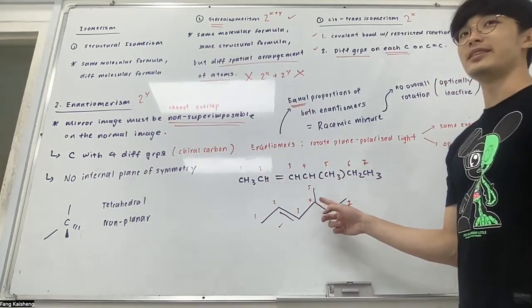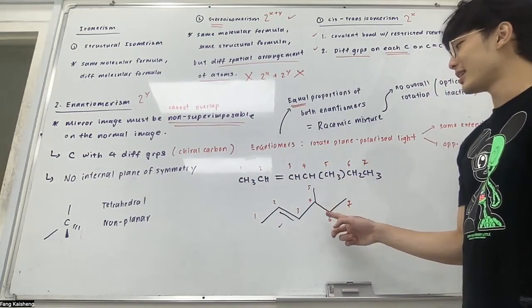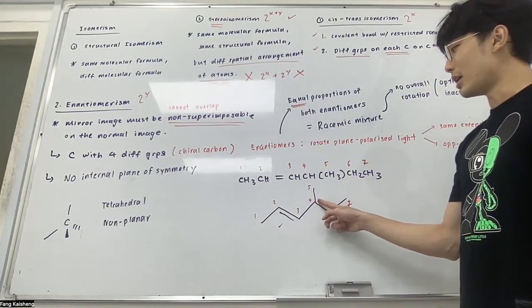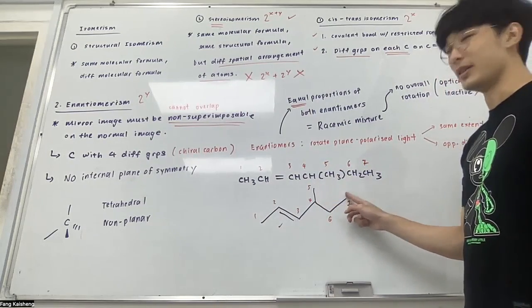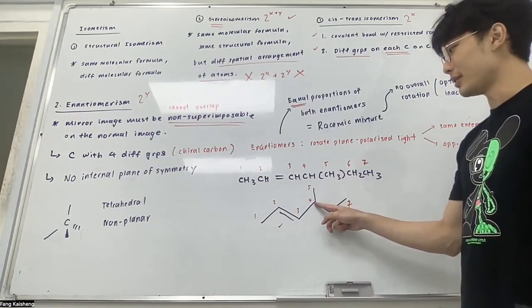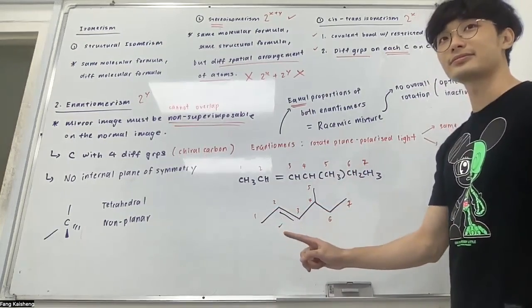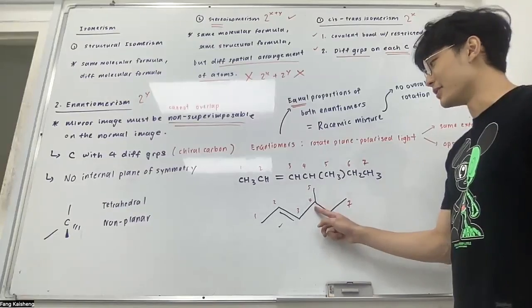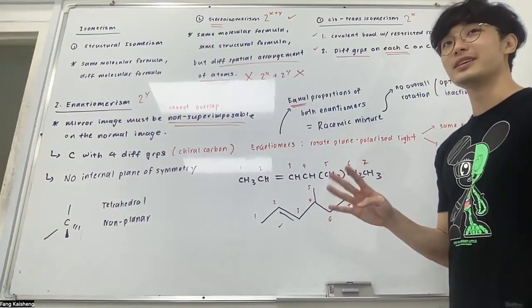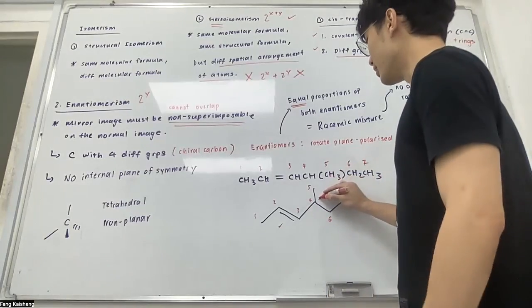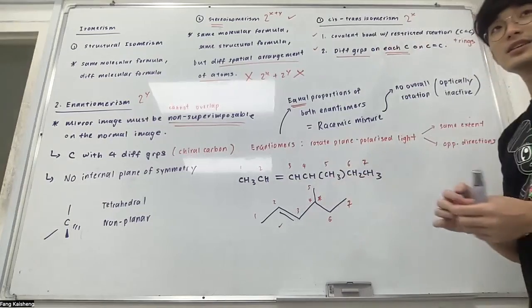It's a bit congested. Does it have 4 different groups? Start from here. 1 carbon, 2 carbon, different already, right? 3 carbon. You see that? And then we have an invisible H. So it's 4 different groups. So this is chiral. Put an asterisk there.